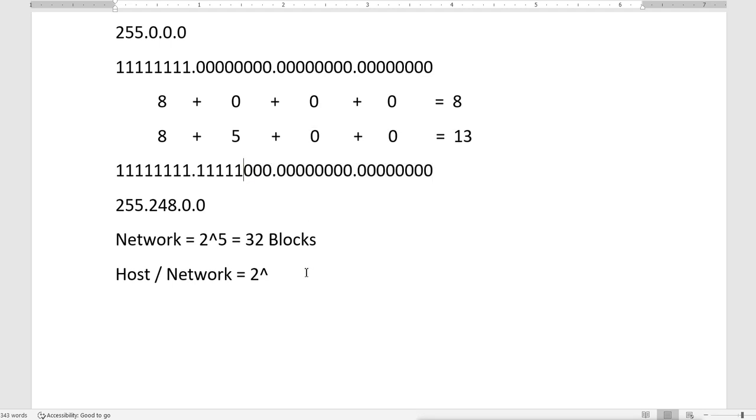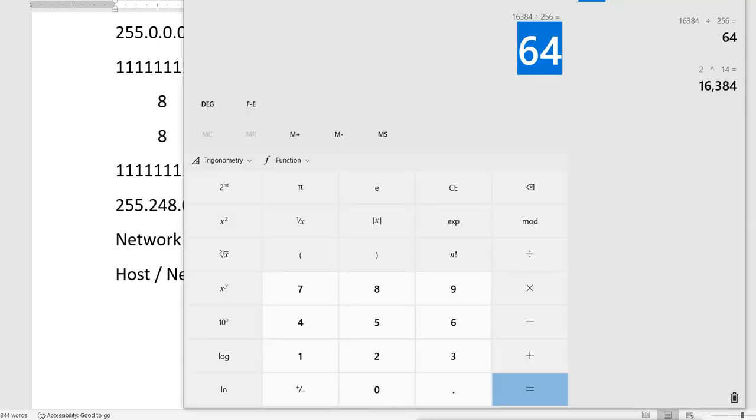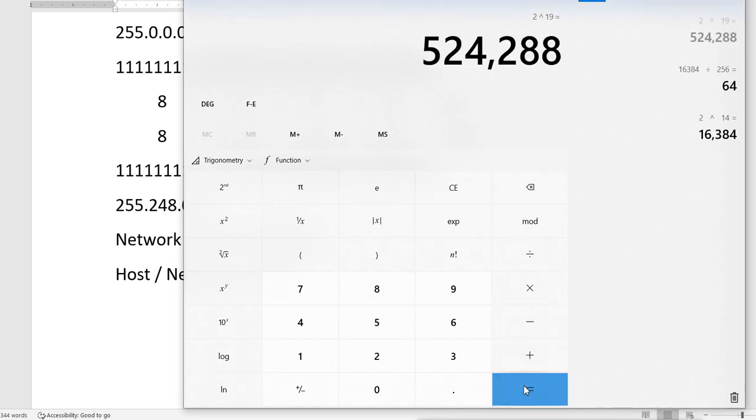So I have 19 host bits, and I do 2 raised to 19. I get this number of hosts: 524,288.